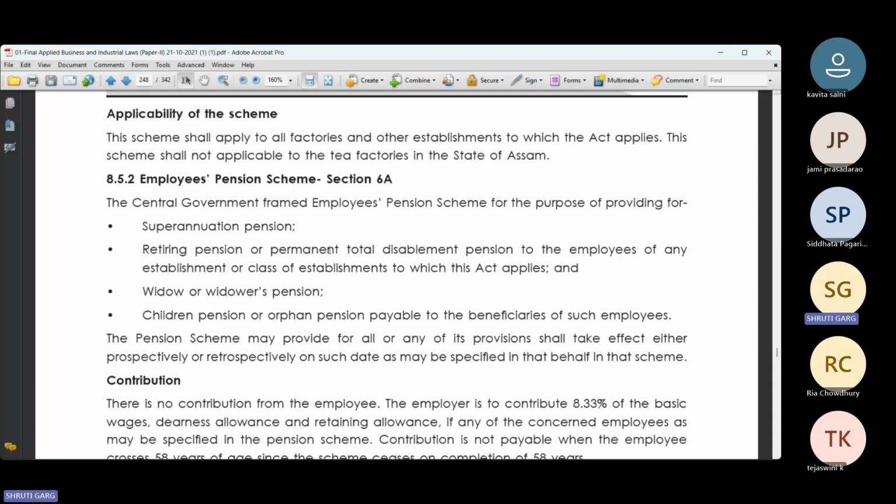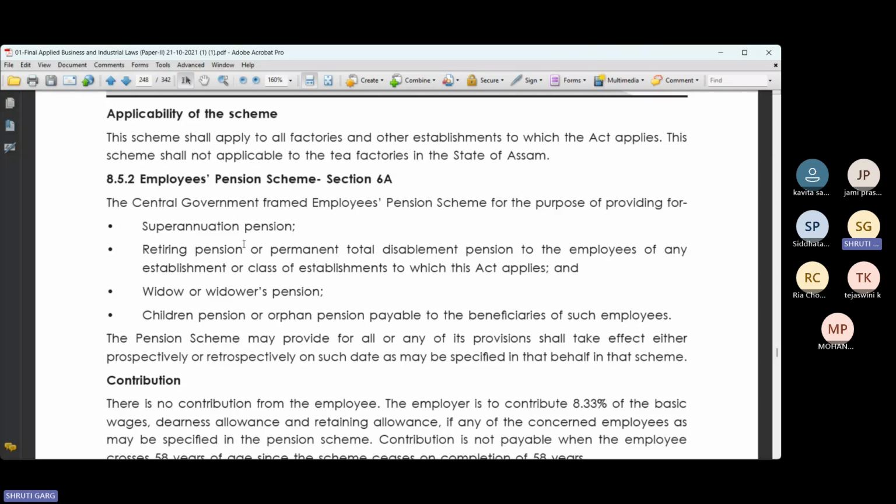So the central government framed the employees pension scheme for the purpose of providing superannuation pension, retiring pension, or permanent total disablement pension to the employees of any establishment or class of establishment to which this act applies. Widow or widower's pension, children pension, or orphan pension payable to the beneficiary of such employees.